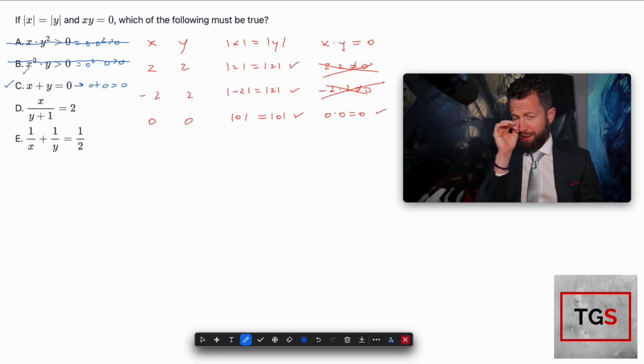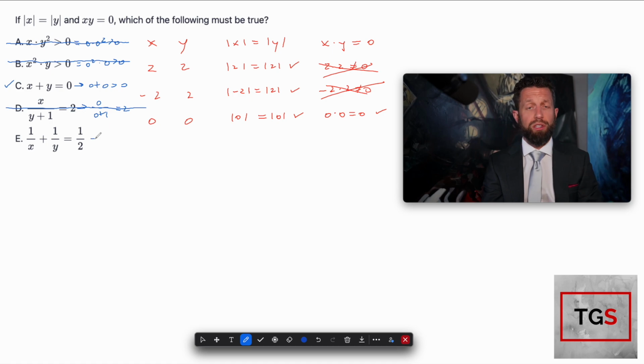Refreshing your memory on D, that's x divided by the quantity y plus 1. So that's going to be 0 over 1. And D says x over y plus 1 has to equal 2. 0 over 1 is 0, aka not 2. We can eliminate D. And then E asks us to divide by 0, which is not allowed on the GMAT. So if you're ever asked to divide by 0 in an answer option on a GMAT question, you can assume it's definitely incorrect.